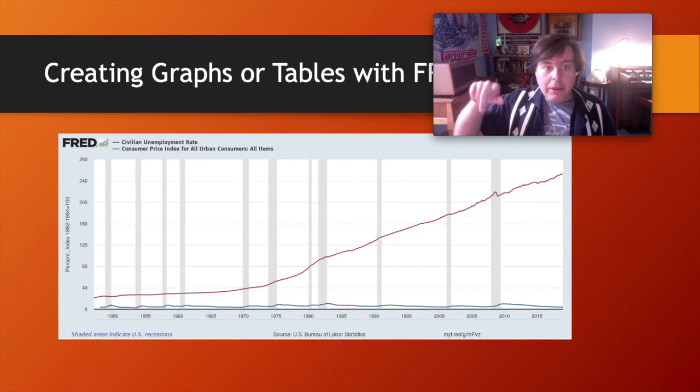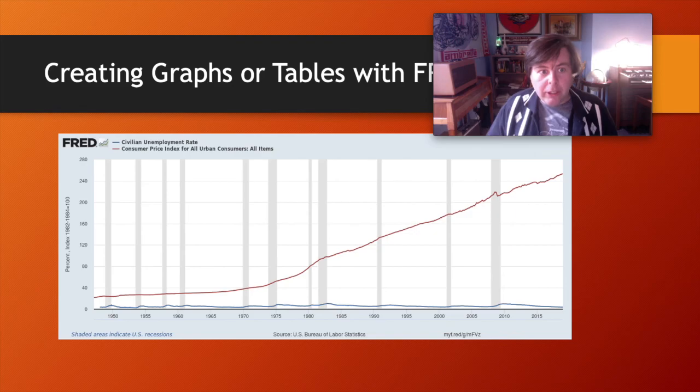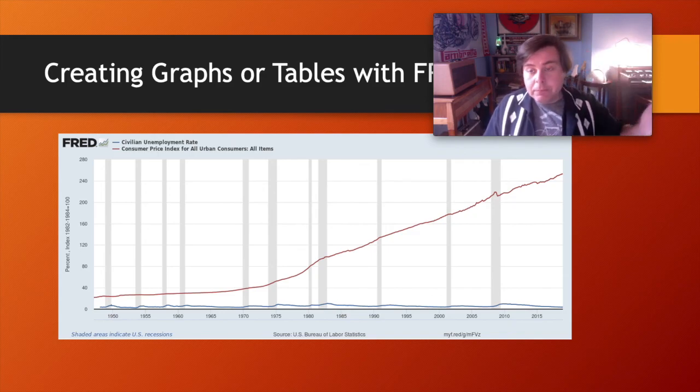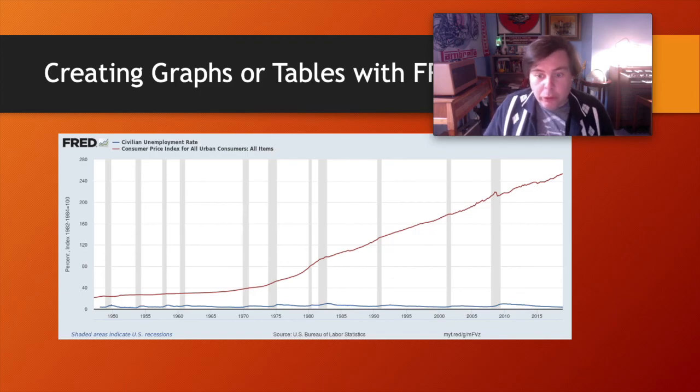If you look at the top of the graph, the blue line is now labeled as civilian unemployment rate, and the red line is consumer price index data. We have both of those graphed on there, and it shows us the source for both of those. It gives us a nice link for that.